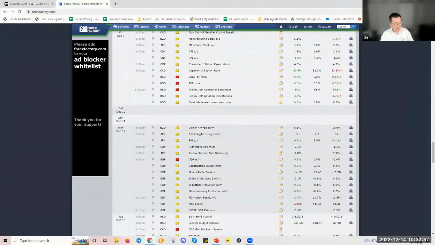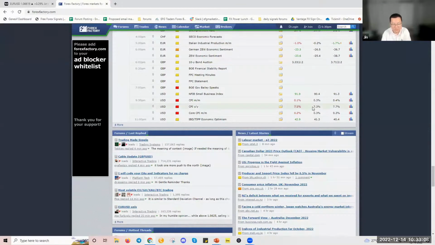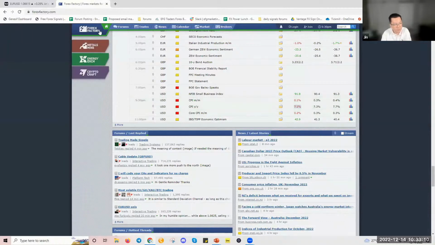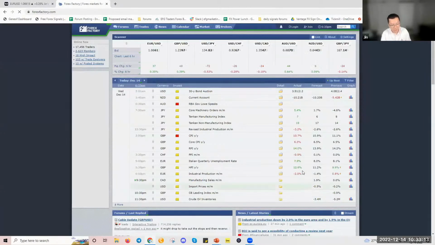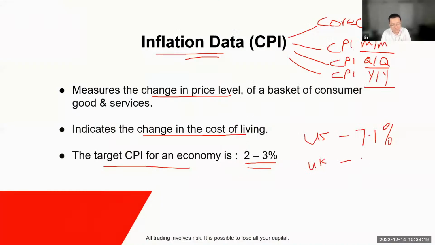Just give me a moment, I'll find it for you. US CPI, you can see here, just yesterday was 7.7 previously, expected 7.3, and was released at 7.1. So you can see the news events happening this week. CPI data for the UK right now is at 10.7.